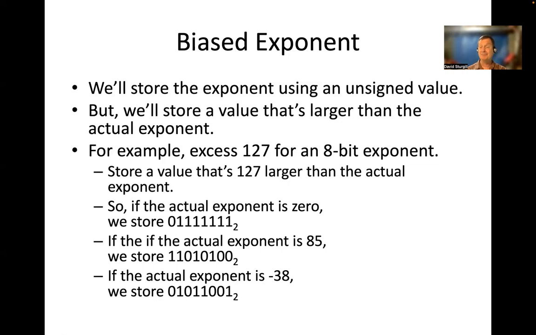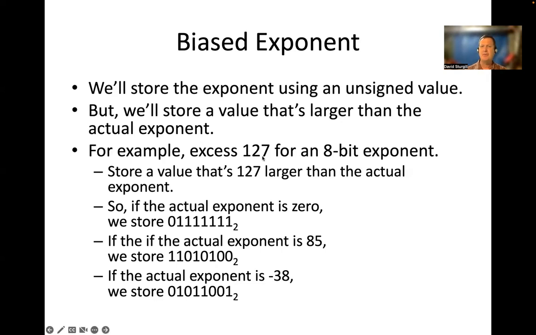And that will handle storing negative exponents, because if you started with a negative exponent, you don't actually have to store that negative value. You're going to add a big positive number to it and store that. So all of your exponents, at least exponents within a particular range, you're going to store them as positive numbers after you've added this bias.